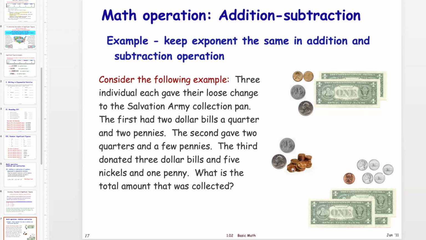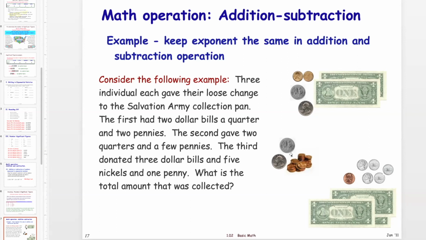Now if you look at these pennies, it's very hard to figure out how many pennies you have because it's just an estimate. So the biggest error in all of these is this value right here. Because you're estimating how many pennies that happens to be. It could be 20 pennies, it could be 18 pennies, it could be 26 pennies. But one of your data here has the biggest error, and that happens to be this.